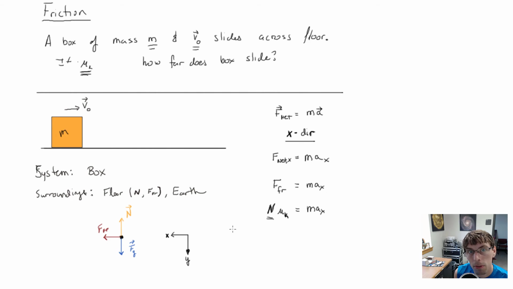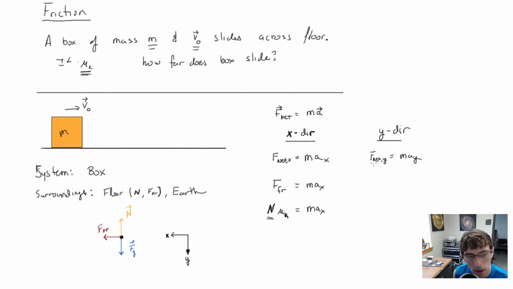Which direction is the normal force in? It's in the y direction. So here's where we're actually going to take Newton's second law and form two equations out of it. We have the x direction, but we also have the y direction. So I write F net in the y direction is equal to m a_y.